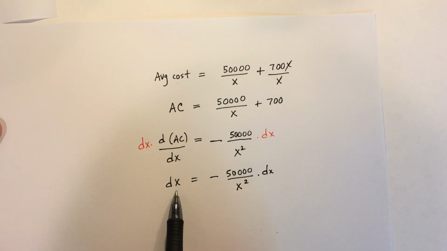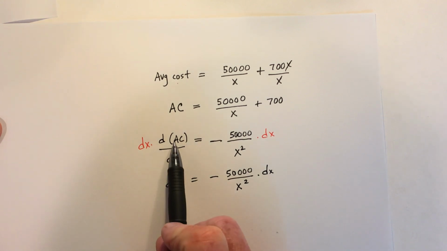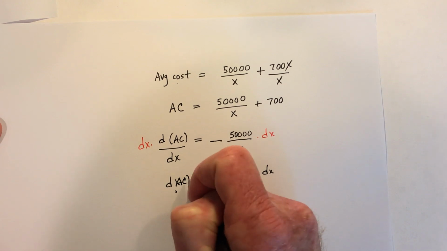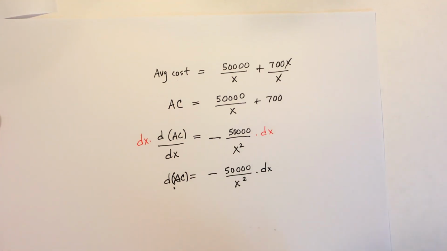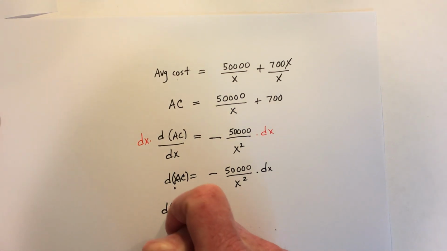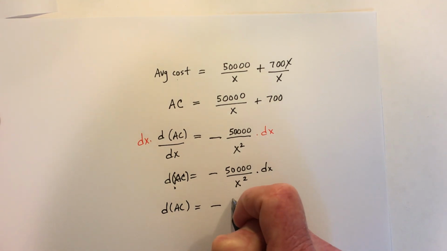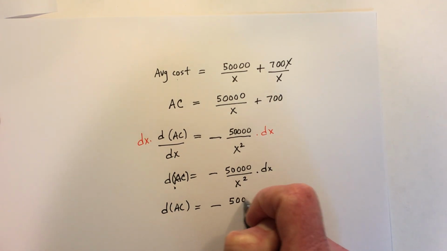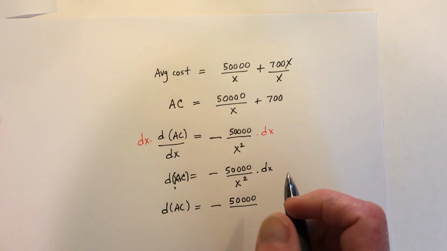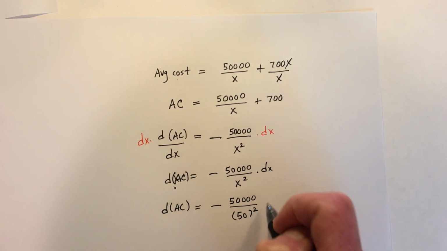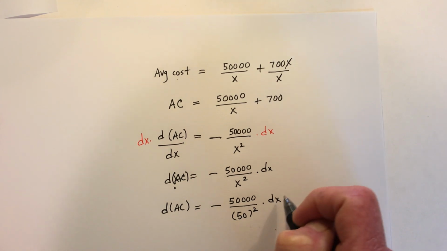And then I was talking and not paying attention. That's supposed to say AC. Okay, then in the directions it said to use a 50. So the change in the AC, or the average cost, will be negative 50,000 divided by 50 squared times dx.